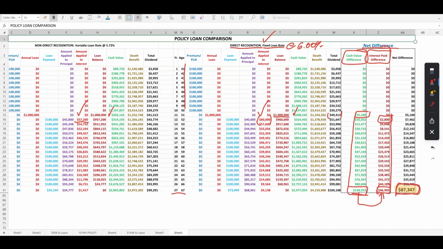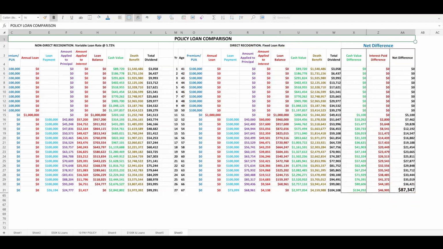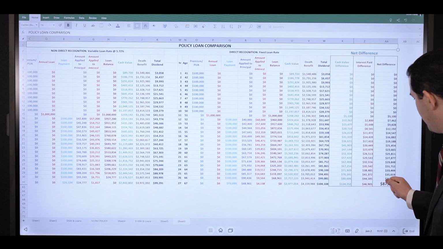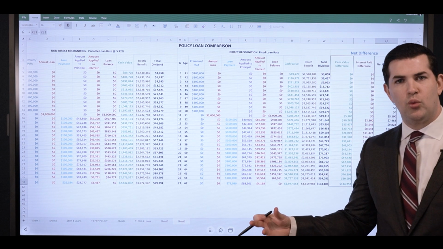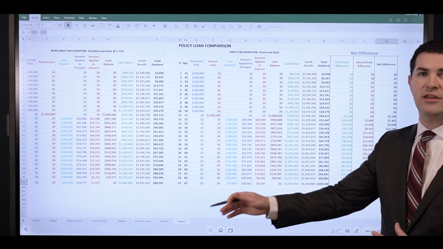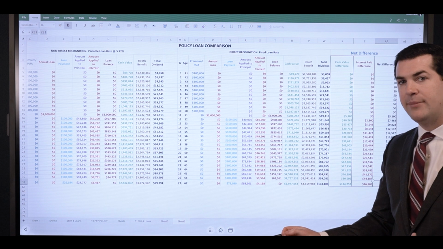Here's the thing, in the years of doing this, these numbers always change. My opinion on non-direct and direct recognition is I don't think it makes much of a difference because we see the net difference here almost always work out in the wash or come very, very close to each other with non-direct and direct recognition policy options.